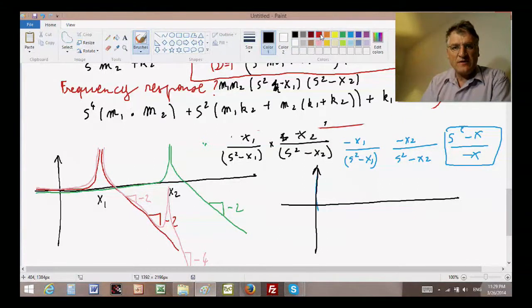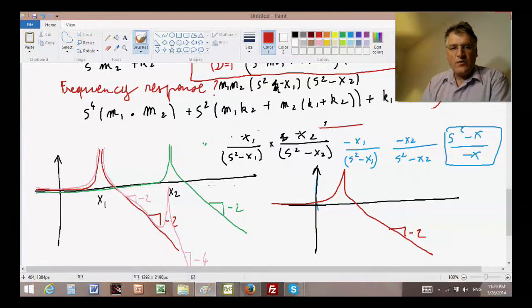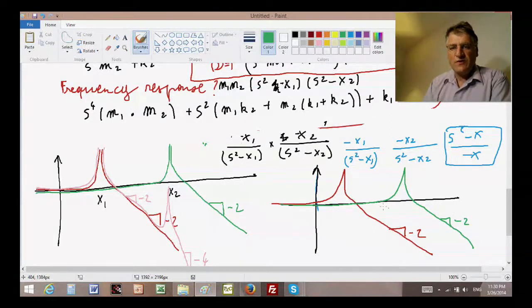Let me repeat them. In red we have this transfer function, which goes down with a -2 slope after going to a resonance. We have the green one, which is still there, which goes down with a -2 slope. And again, this is x1, this is x2.